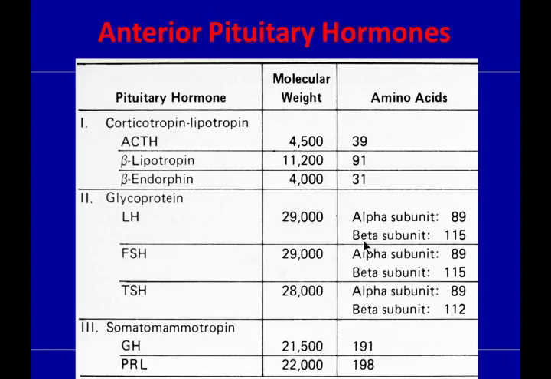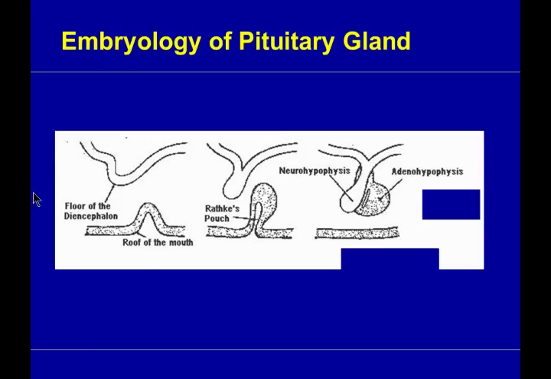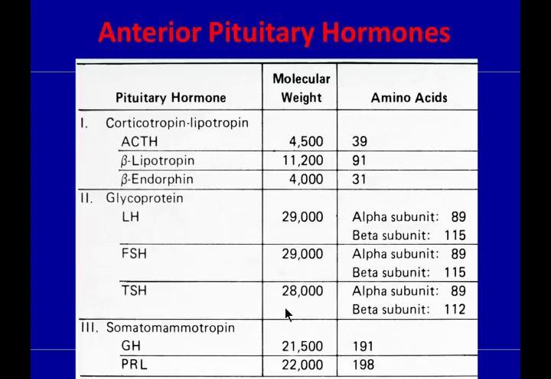And then their specific function is determined by their differences in their beta subunits, which are similar in size and yet have enough structural difference to make them highly specific. So there's not overlap between these functions, except HCG, essentially, even though it's structurally different, has basically the same biological function as LH. And there's some overlap between those and TSH.